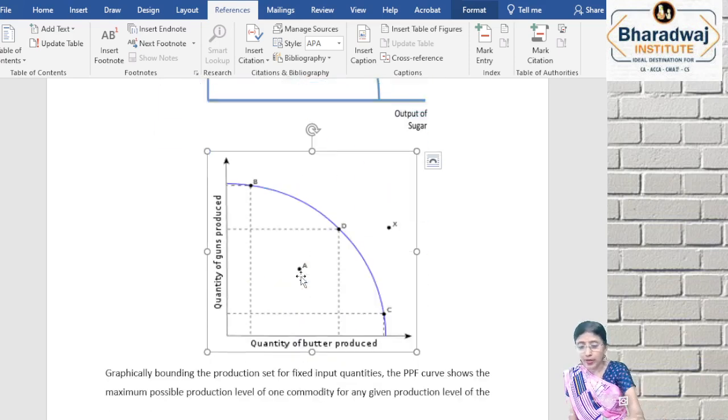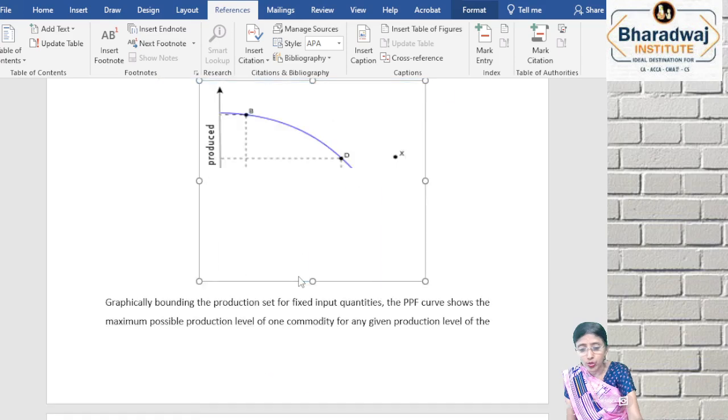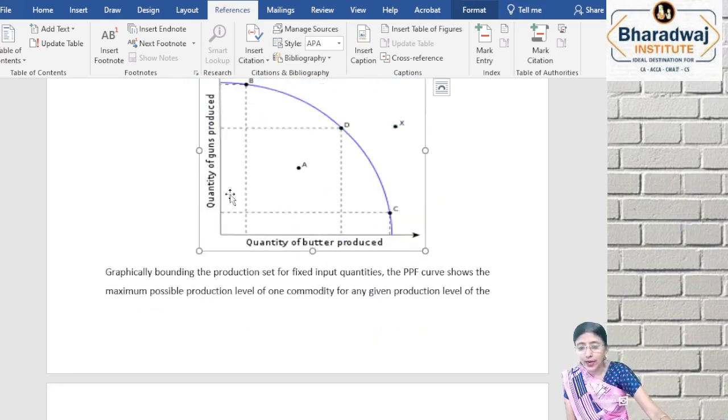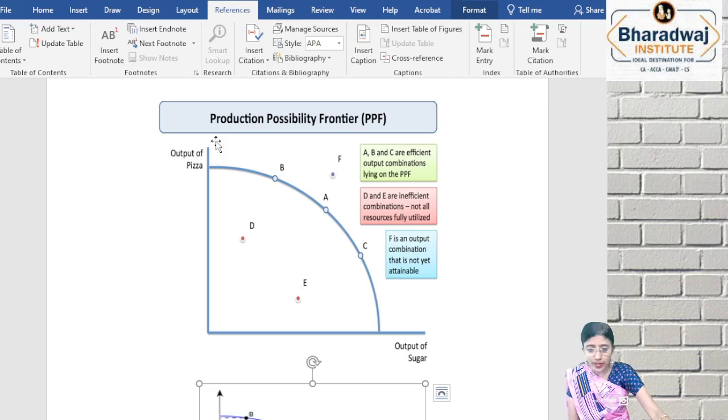It is not factor X, factor Y; both are commodities, sugar and pizza. I showed you sugar and pizza, or butter and guns, whatever it is. So in the production possibility frontier, you have to say what are the points of efficiency, what are the points of inefficiency, and what are not attainable.